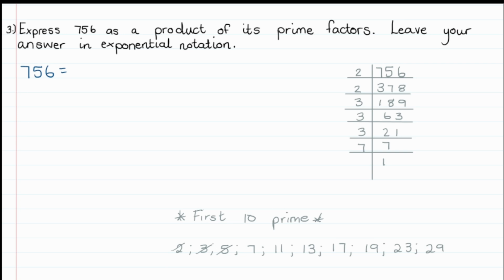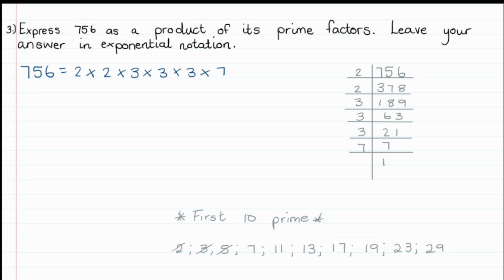189 divided by 3 is 63. 63 can be divided by 3, which gives me 21, and 21 can be divided by 3, which gives me 7. 7 divided by 7 is 1. So the answer to 756 as a product of its prime factors is 2 times 2 times 3 times 3 times 3 times 7.